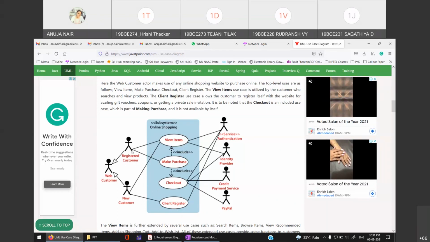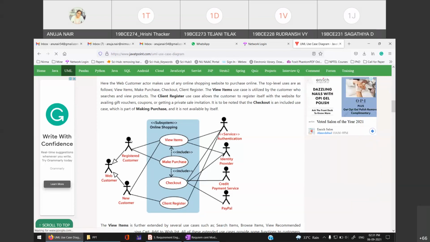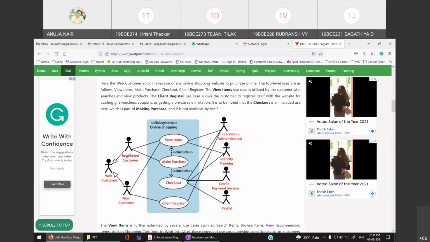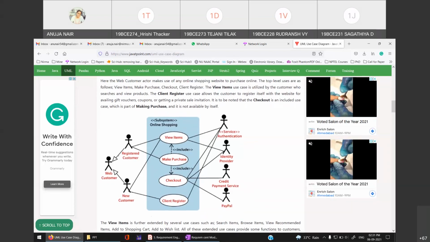Whenever you are connecting a use case with an actor, it means that that particular actor is going to perform this particular task from the software. Where there is no connection, it means the actor is not going to perform that task from the software. So by seeing this entire use case diagram right now, forget about include and the other part that I will tell you.